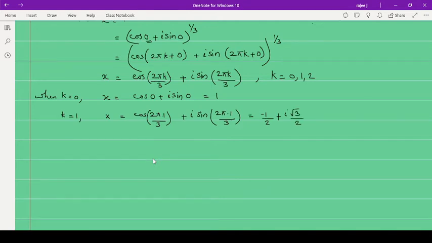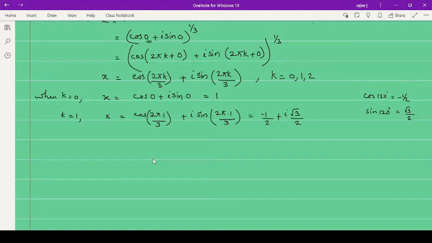Cos 120 degree is minus half, and similarly sin 120 is root 3 by 2. Otherwise if you get it in decimal, maybe 0.8 something you will get.